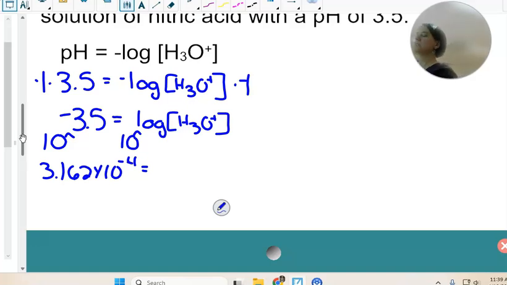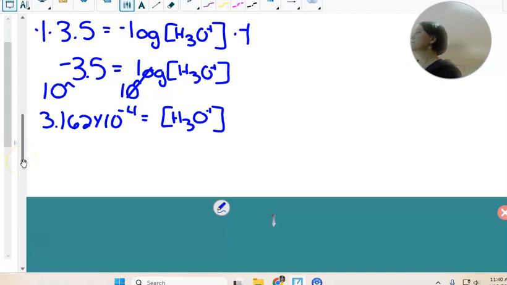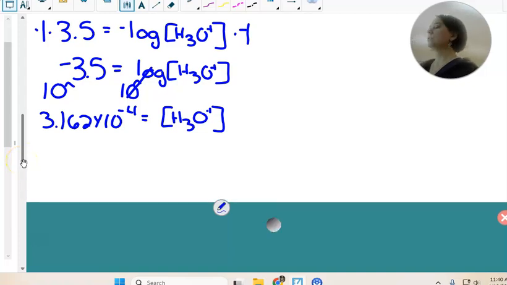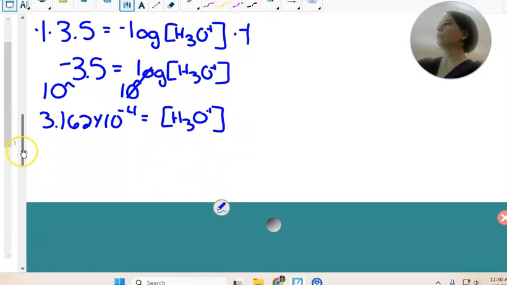Now, let's look at this. 10 to the exponent of log cancels out, so we have the hydronium concentration left over. So make sure you're writing this down. I'll put this in standard notation and we'll figure out how many sig figs we get. We get 2.